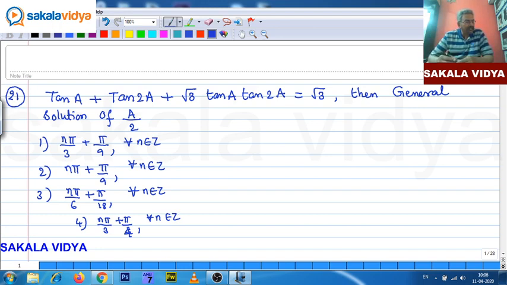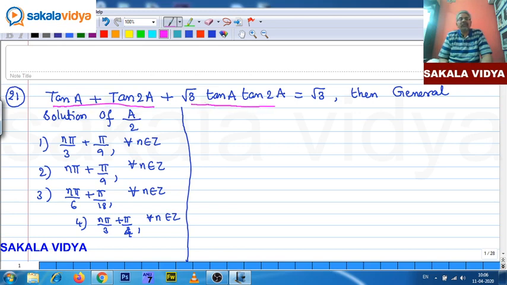Yes, Sreyana, I think you are from Karimnagar. So, tan A plus tan 2A plus root 3 times tan A tan 2A equals root 3, then we need to find the general solution of A by 2.